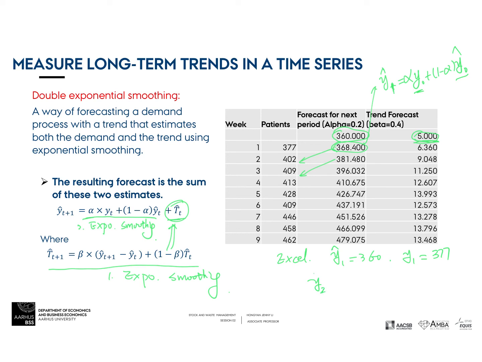Then we start from estimate y2 equals alpha times y1 realized plus 1 minus alpha times y1 estimated, and then you can continue this process. So this is actually the exponential smoothing method. As I mentioned, you can do that manually if you want to follow the entire process. Otherwise, you can just use Excel to automatically do this process for you.